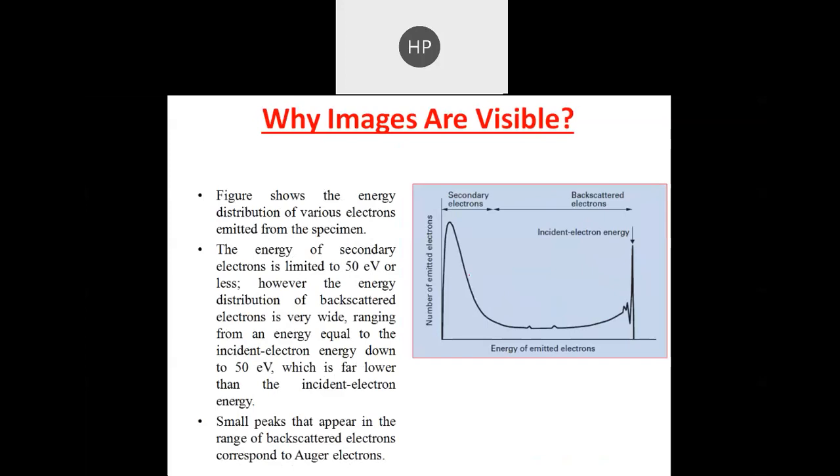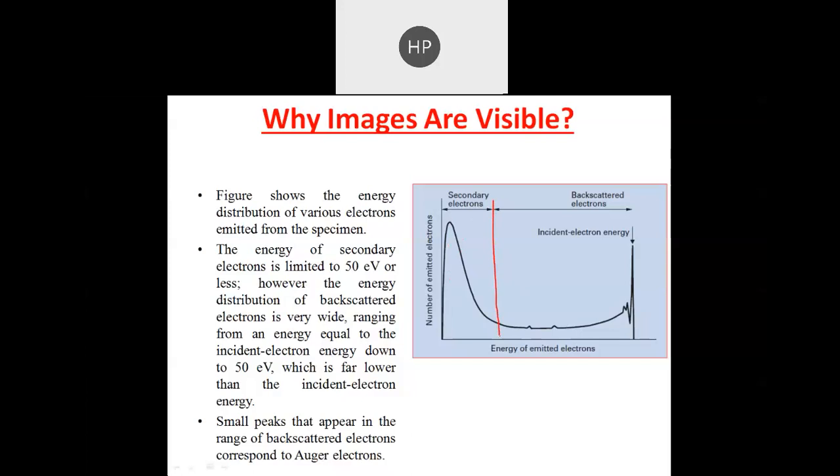Here we see the energy distribution of the various electrons emitted by the specimen. Generally, the secondary electrons have a range of energy limited to 50 electron volts or less.